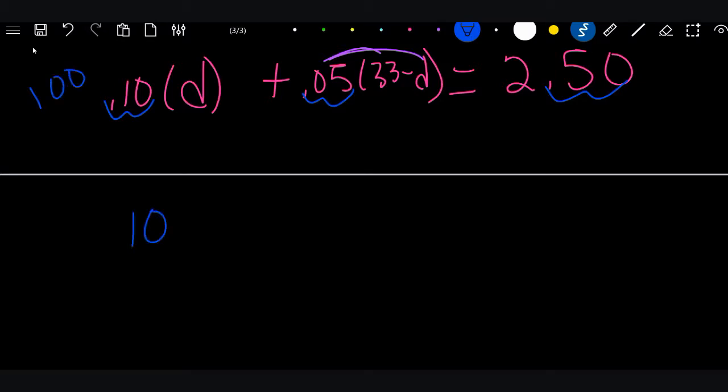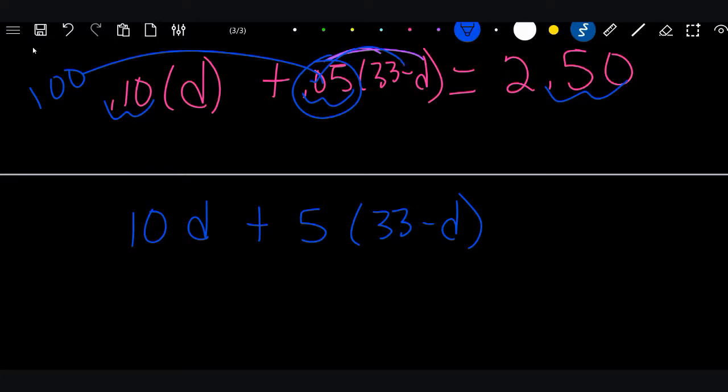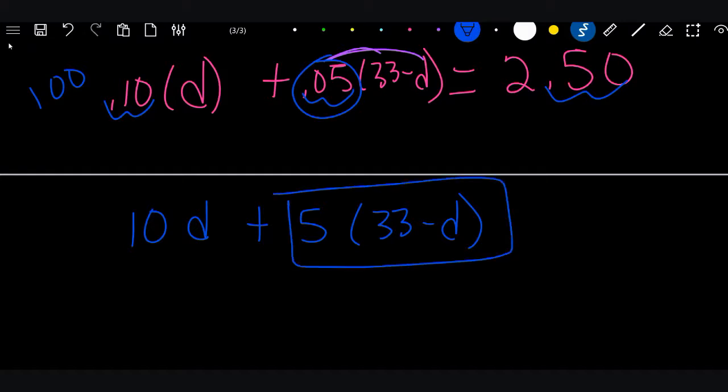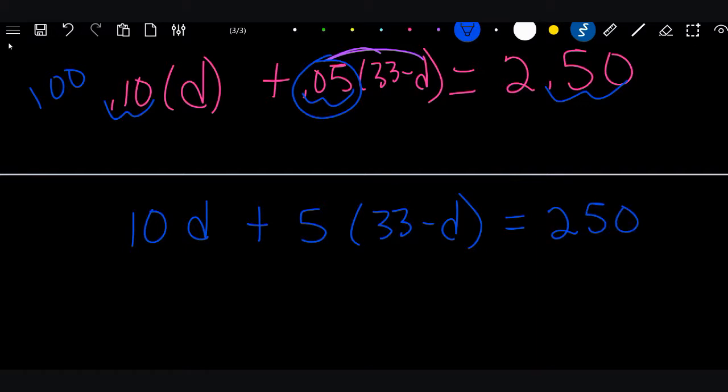So I'm going to get 10D plus 5 times 33 minus D. And you say, you didn't multiply this times 100. Yes, I did, because multiplying this by 100 is then going to multiply that because of distribution. Trust me, I did multiply that, because this is all one term. Remember what terms are. So I multiplied that term by 100 equals, and then that's going to be 250. So in my opinion, that's easier, to just multiply that through and get rid of all those decimals.